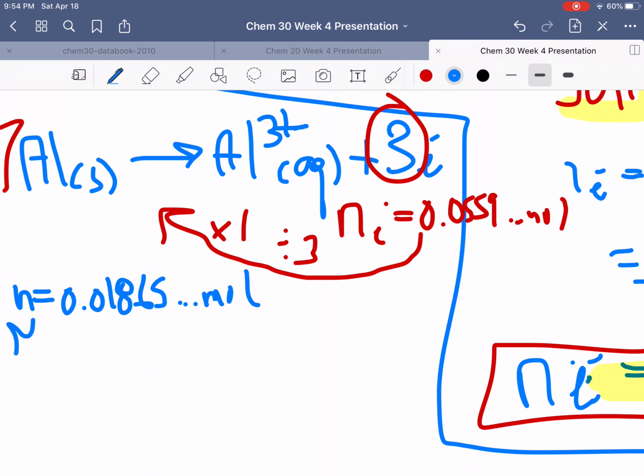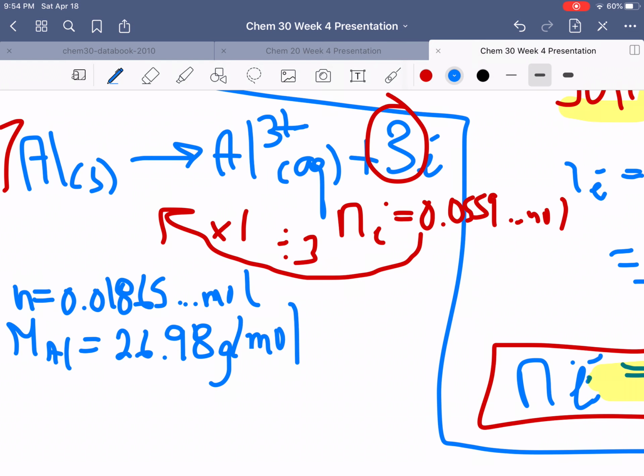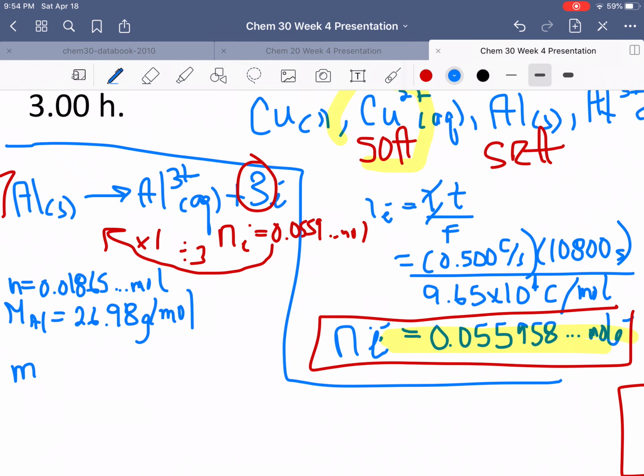Okay. Molar mass of aluminum right from the periodic table is going to be 26.98 grams per mole. Similar process to what we just did before. Mass is equal to N, number of moles, times the molar mass.